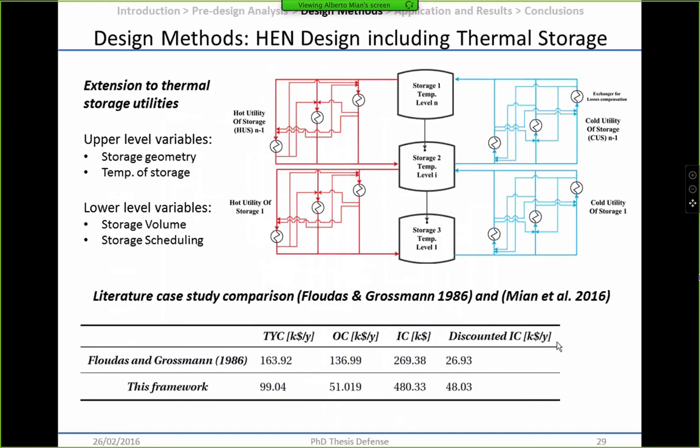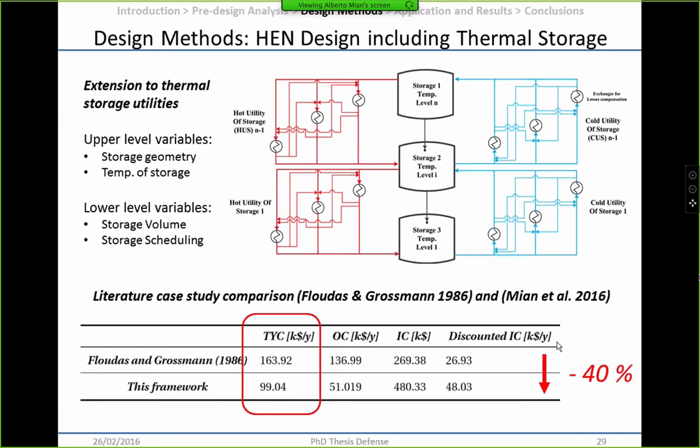This time I was stuck with this literature case study, so I tested again the same problem, but in this case I added the storage availability. And in this case, it was possible to reduce the objective function by almost 40%, thanks to the activation of storage tanks. The solution I achieved here was not achieved before because storage was not included.